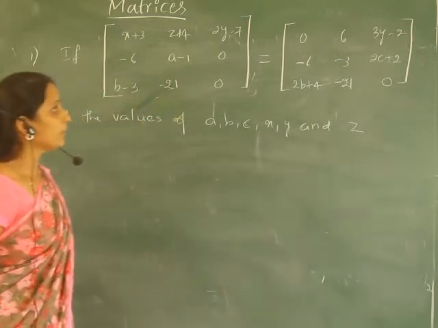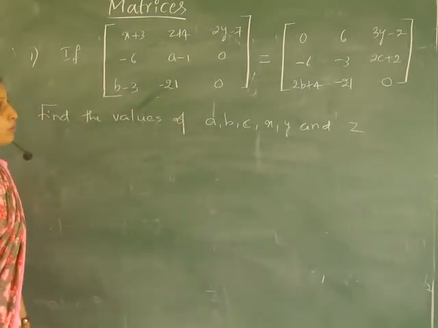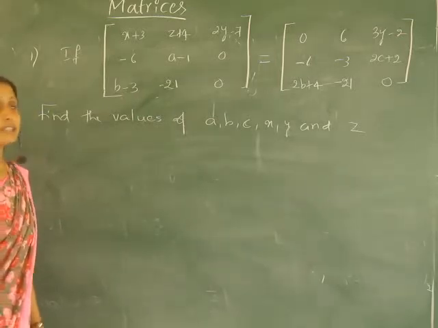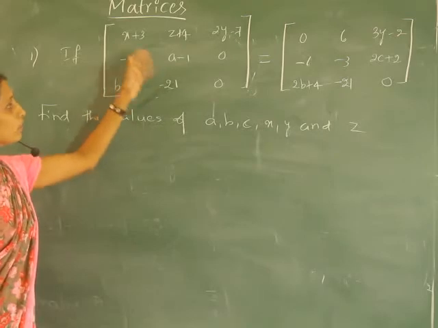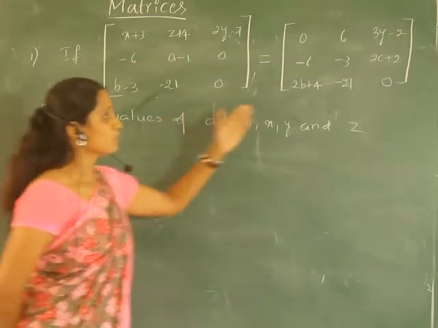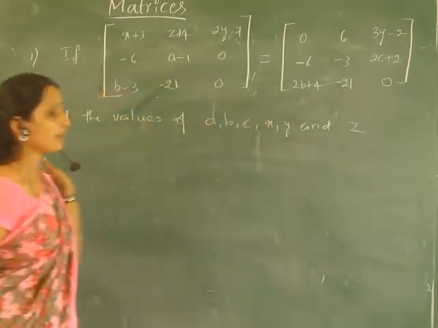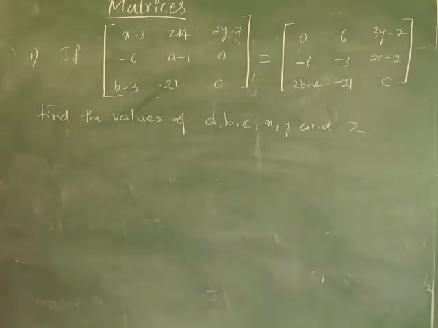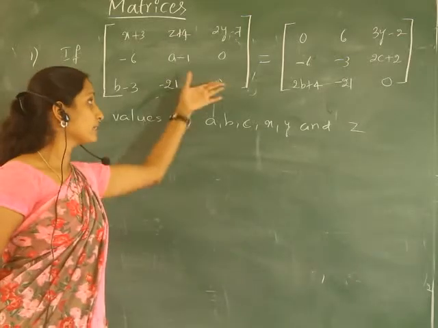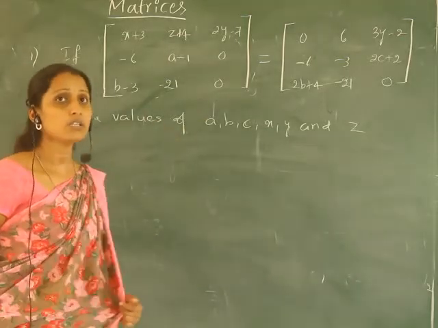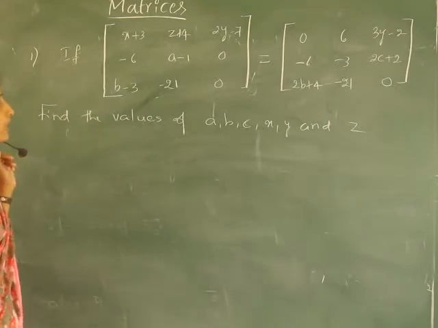And we know that when two matrices are equal, the first thing is the order should be equal. So this is of order 3 rows and 3 columns, so 3 by 3. So this is also 3 by 3. So these two matrices are of equal order. And what is the one more condition for equality of matrices? The corresponding elements should be equal. If the corresponding elements are equal, then we can say two matrices are equal. Now it is given that the two matrices are equal, so we have to consider the corresponding elements are equal.